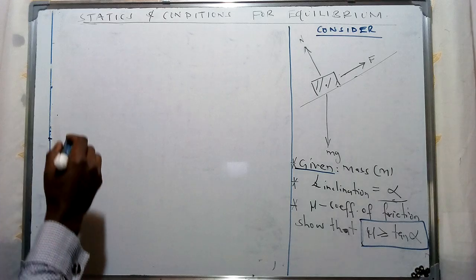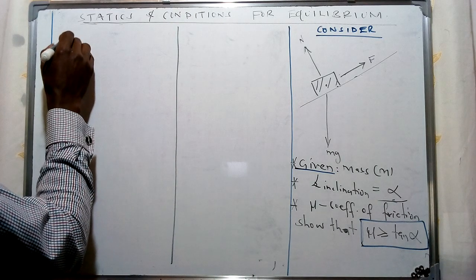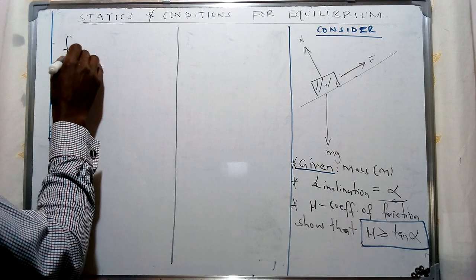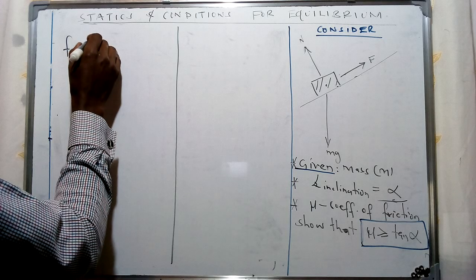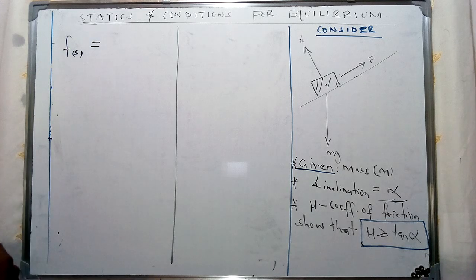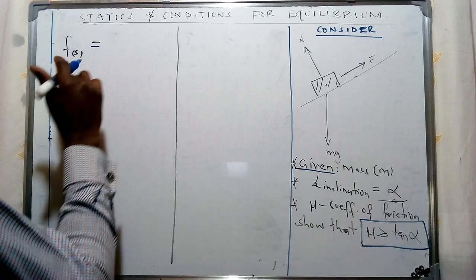So from our previous discussion, I had mentioned that we can have static friction, and this is the force which is going to ensure that the force applied on an object is resisted from putting the object in motion, and therefore friction is a force which is going to resist motion.